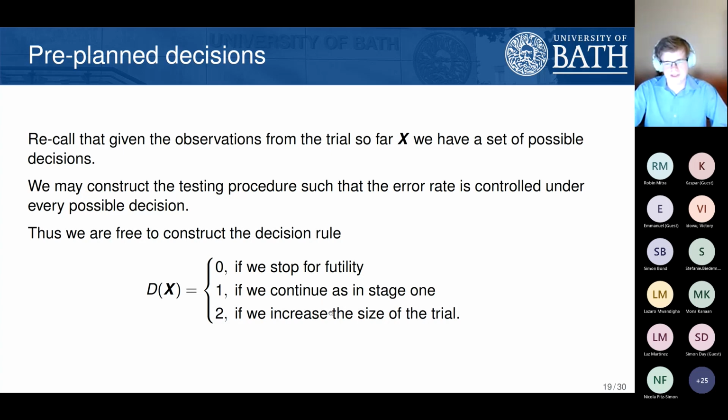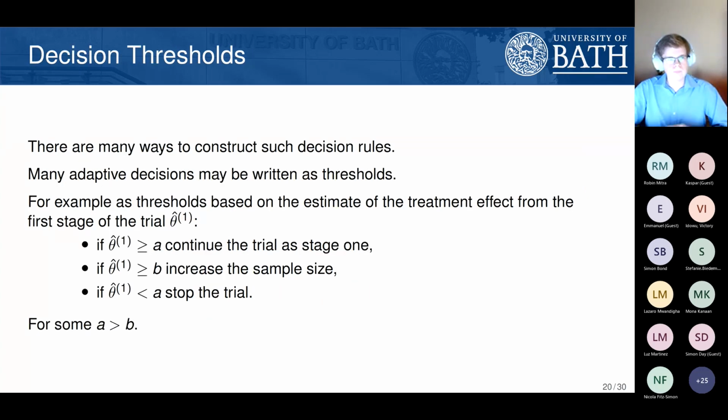So just to re-emphasize that point. What this boils down to in most cases, and certainly for our discussion today in one dimension, is essentially a decision threshold. So this applies in many adaptive designs, not all, and we'll hopefully have time to discuss when that's not the case, particularly in multi-parameter problems that are in some sense optimal. But the idea is that we could have some threshold.